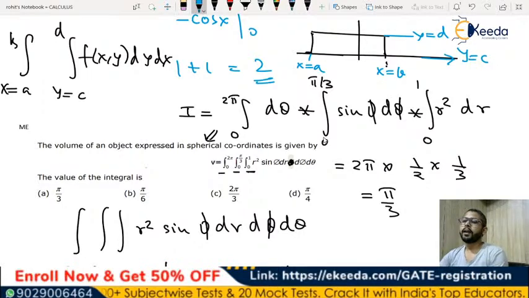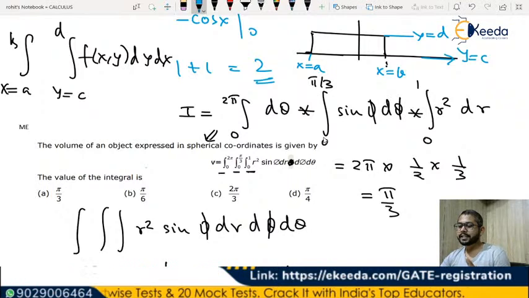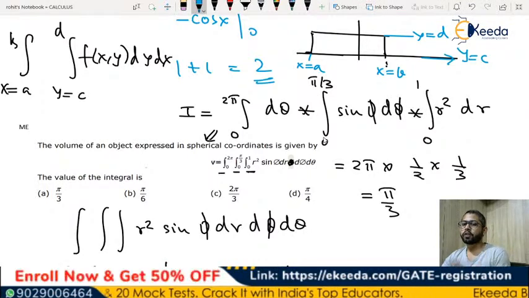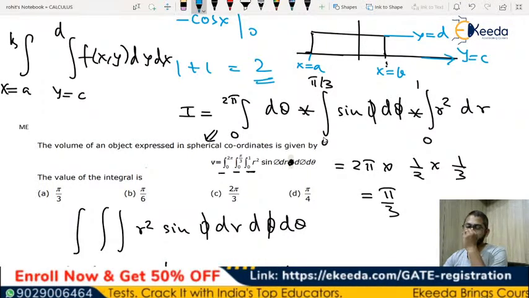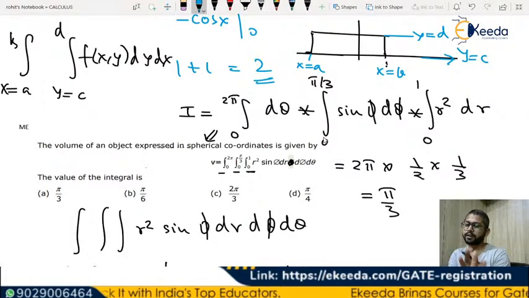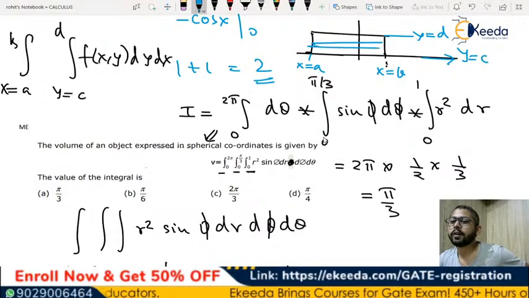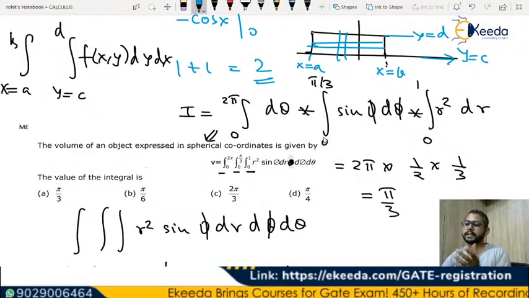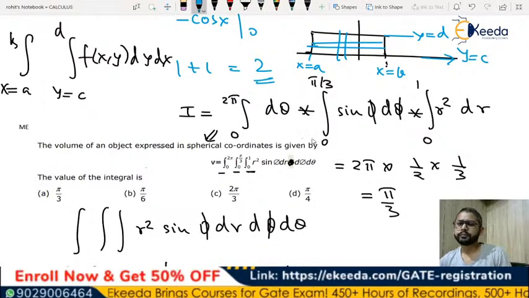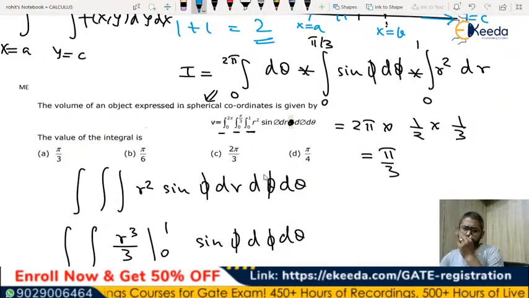So do you see that this is a rectangular region and you can change the order of integration, but you won't have to change the limits. Limits in the sense x limit will remain limits of x and y will remain y, because taking a horizontal or vertical strip, you'll see the limits are constant. So this is all about multiple integration.